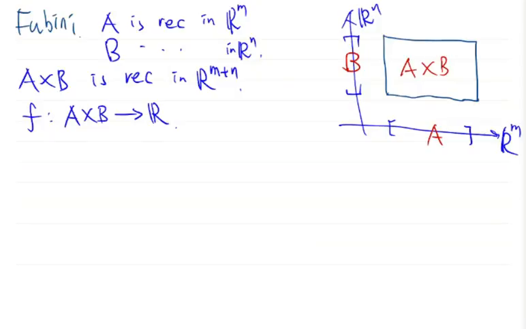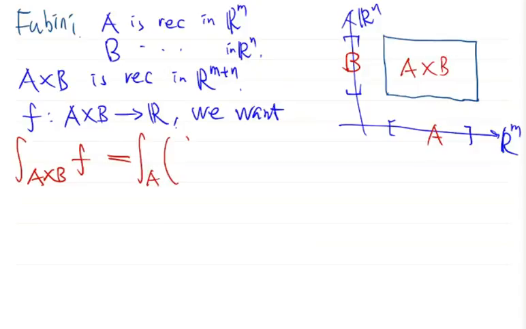So it is quite reasonable to expect such a result. The integral of f over the higher dimensional rectangle should equal the iterated integral, where we integrate over the second variable first, then we integrate over the first variable.